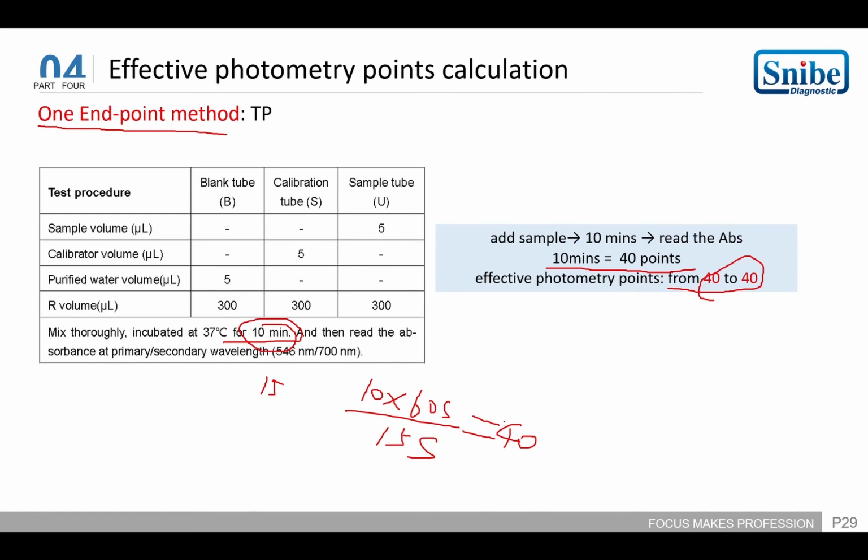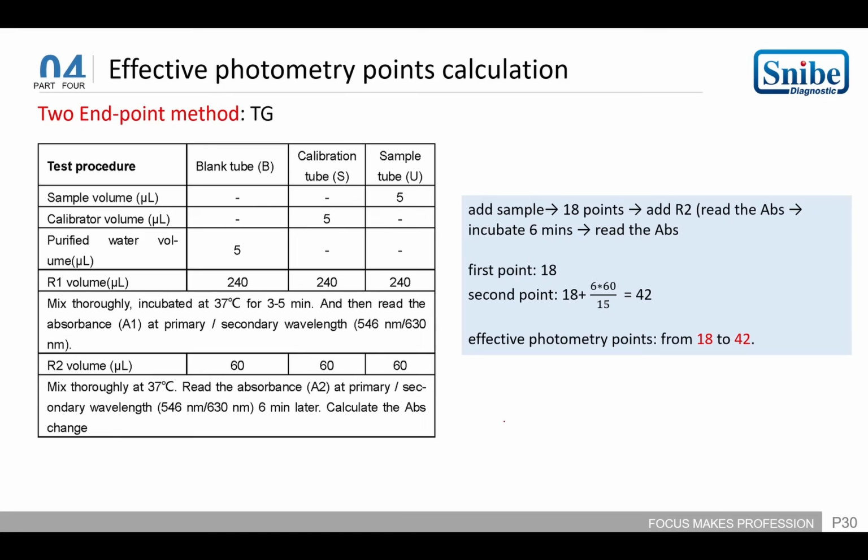The next measure is the two end points measure. Let's see the test procedure. First, sample value, calibrator value, purified water value, and add reagent 1. Then mix thoroughly, incubate at 37 degrees for 3 to 5 minutes, and then read the absorbance.